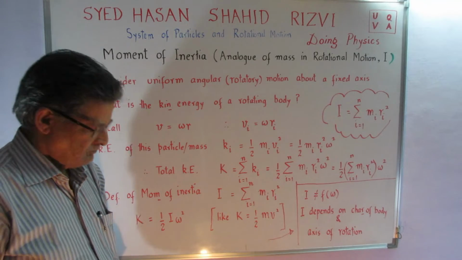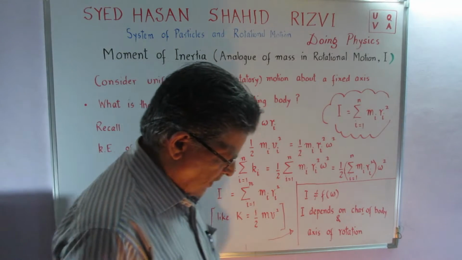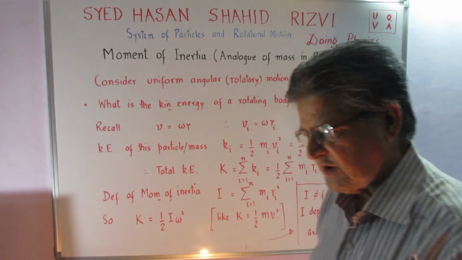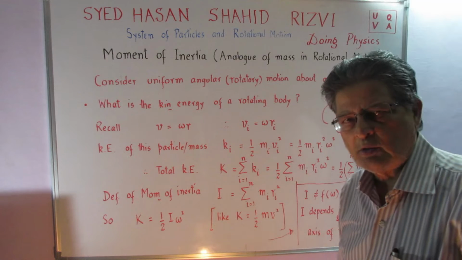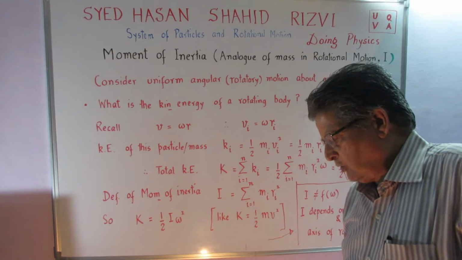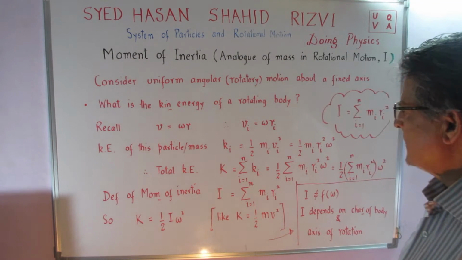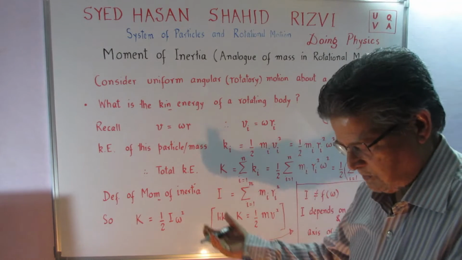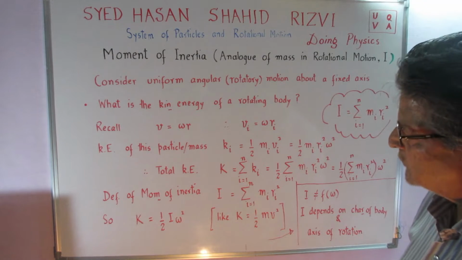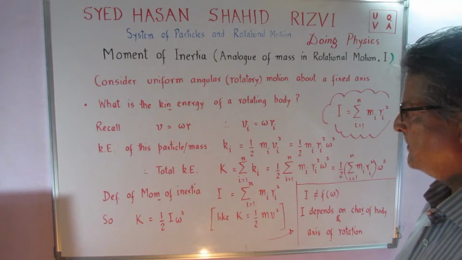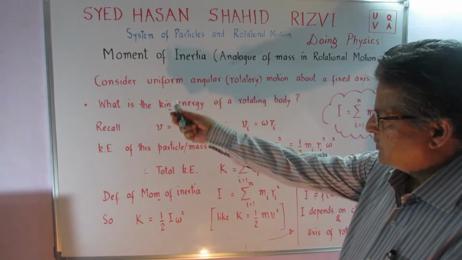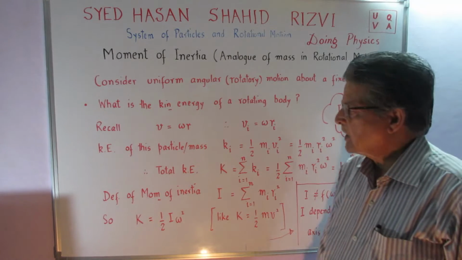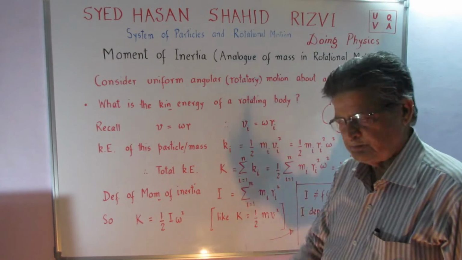In translational motion, each particle moves the same distance in equal intervals of time, and the rotational motion has the same angular velocity and moves the same angle in equal intervals of time. So there is a question which we address: what is the kinetic energy of a rotating body?